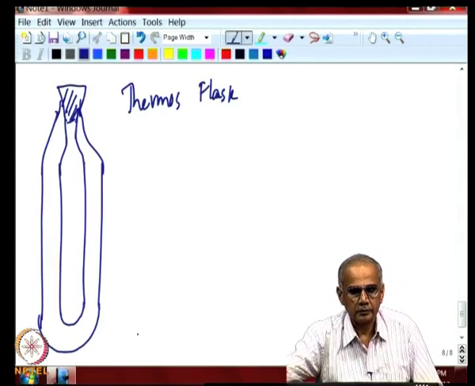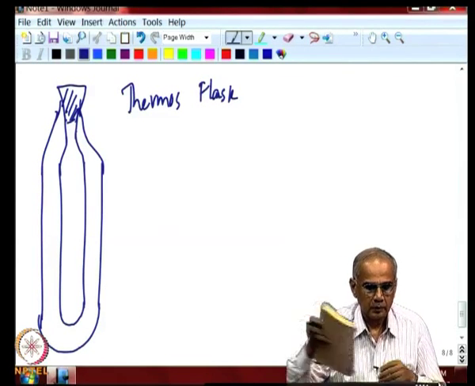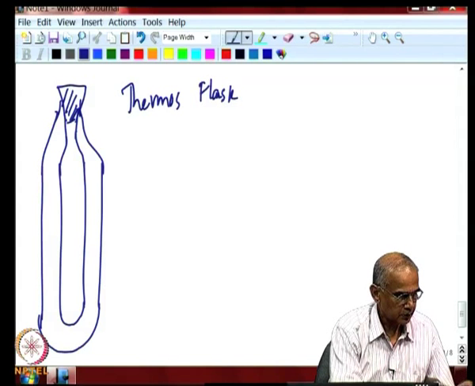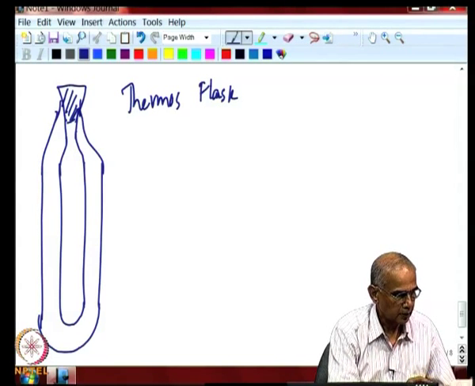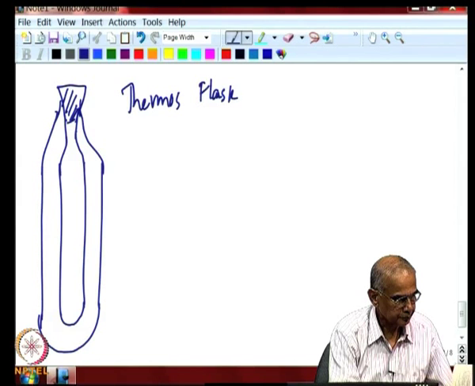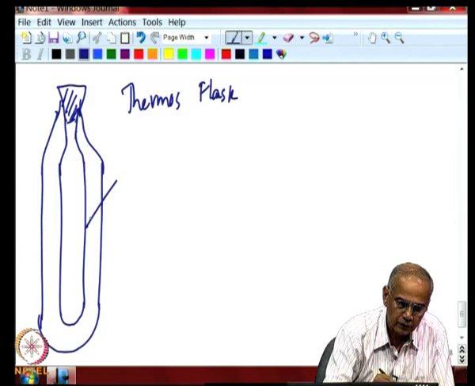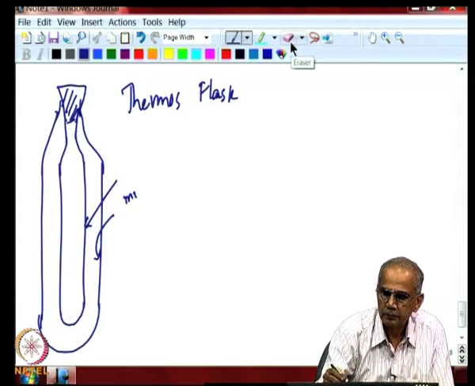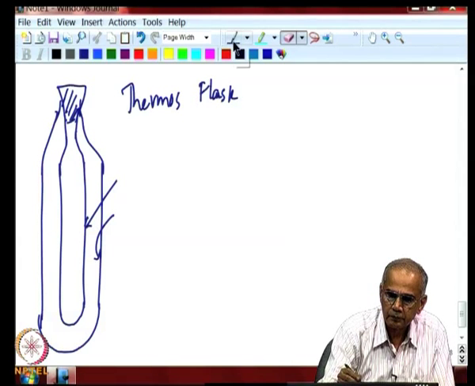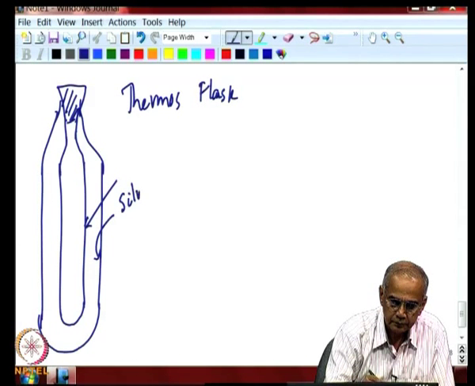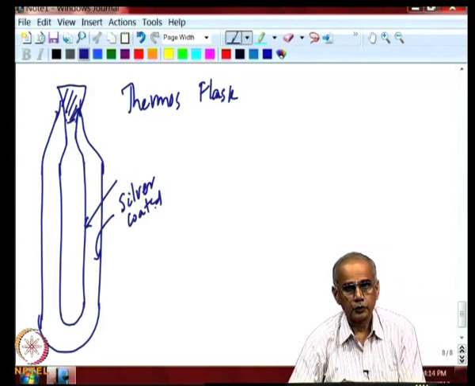And let us assume that the emissivity of the two surfaces is kept low by coating. So, what is done is these two surfaces are silver coated, so they are highly reflective.